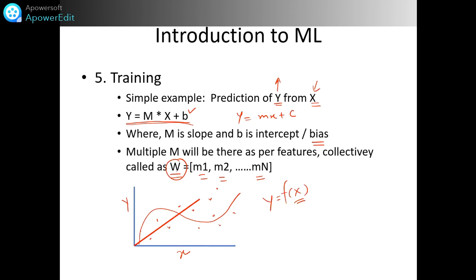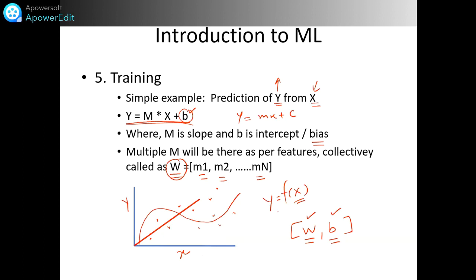So this W and b are there in almost all the models, and we have to remember them: the bias and the weights of the model. A machine learning algorithm is about how to get the correct values of W and b with this training data, whether we are fitting it with a line or with a curve.